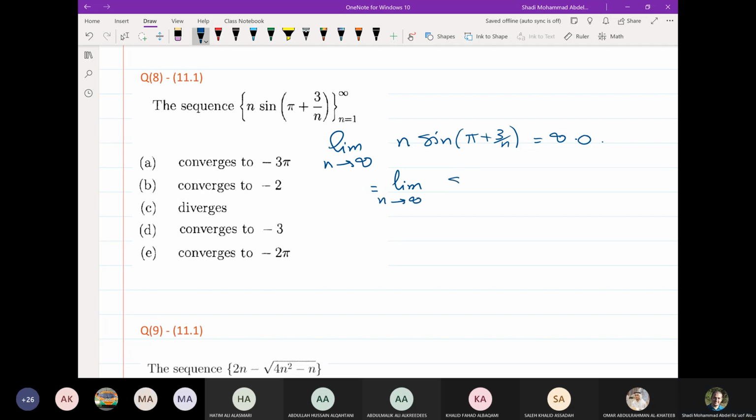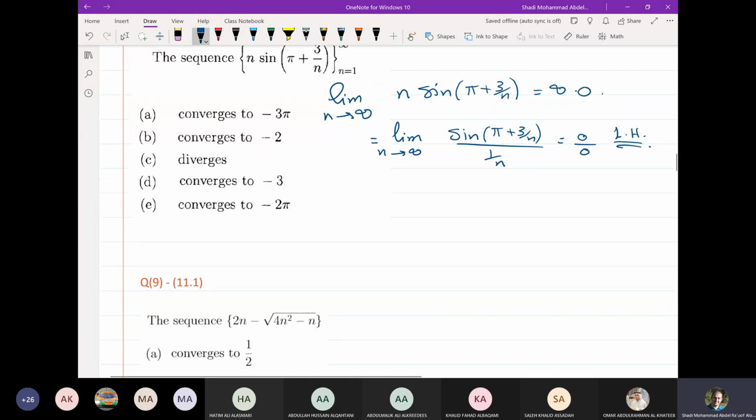Before L'Hopital's rule, you put n down as 1 over n. Exactly. This is a small trick and it will solve the problem. In this case, it is 0 over 0, so now you can use L'Hopital's rule.